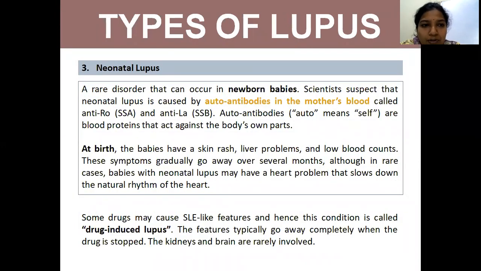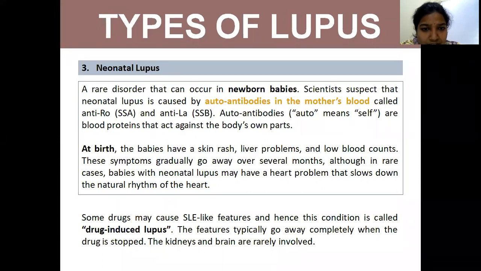So neonatal lupus is a very rare disorder seen only in newborns. Scientists suspect that neonatal lupus is caused by autoantibodies in the mother's blood called anti-Ro and anti-La. Autoantibodies are blood proteins that act against the body's own parts. At birth, the baby presents with skin rashes, liver and cardiac involvement is also there, and blood counts are usually low.